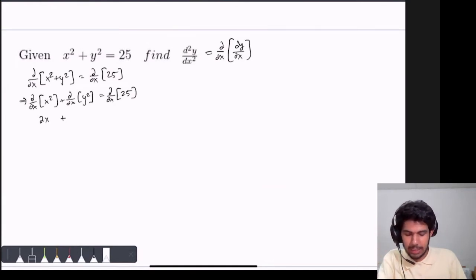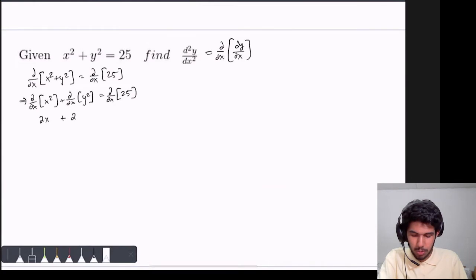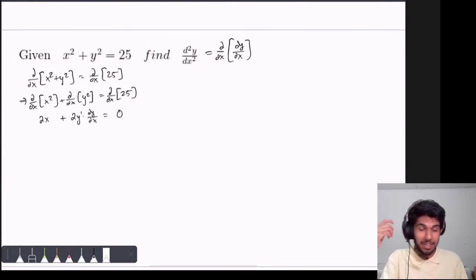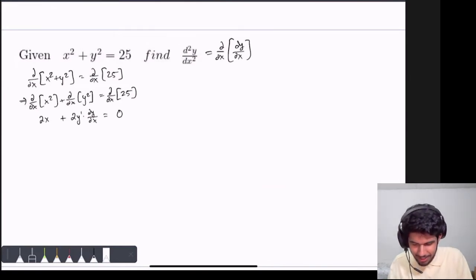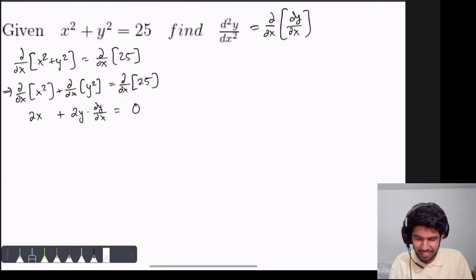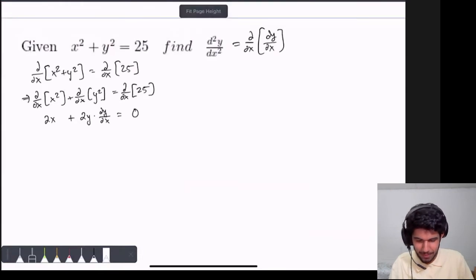Derivative of the outside, use the power rule, 2y to the power of 1 times derivative of the inside, we got to de-stuff it, dy/dx. That equals derivative of 25, which is 0. Man, if you say the word derivative over and over again, it gets really difficult, but okay, we continue.